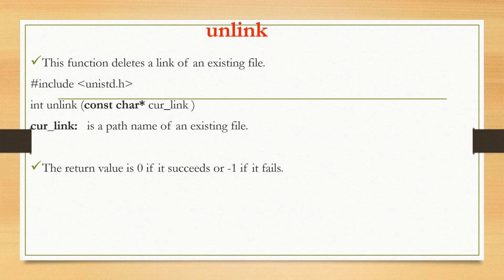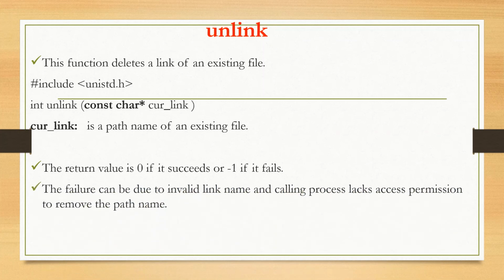For the prototype of this function, the return type is of type int, and you declare the unlink function with the parameter cur_link, which is the path name of the existing file. The return value is 0 if it succeeds or -1 if it fails.